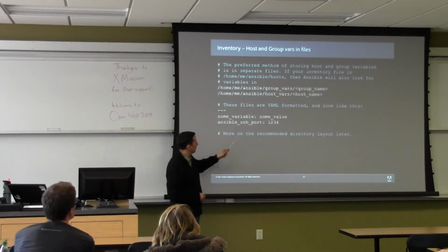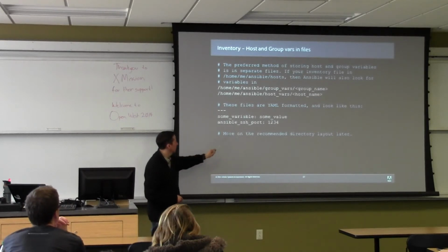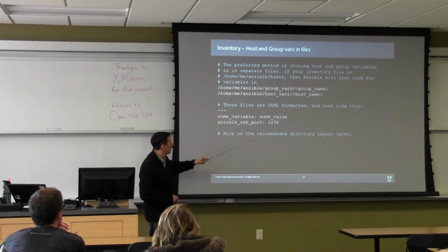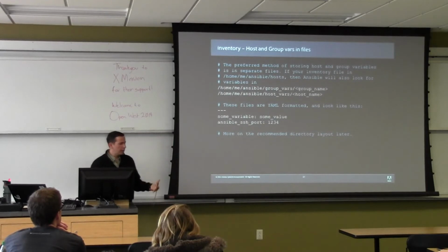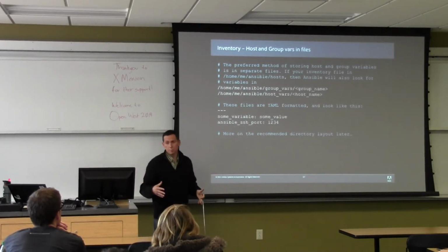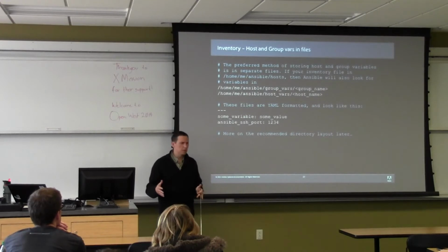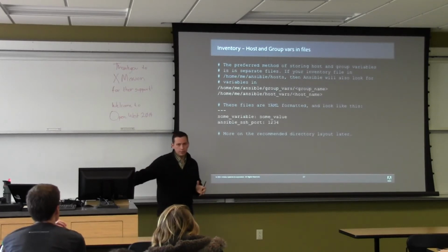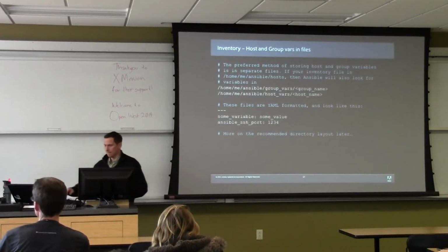And these files are just YAML formatted. They look like this. You've got some variable, some value. There's a whole directory layout once you start getting into configuration management and orchestration that Ansible recommends. Doesn't necessarily specify, and that's the nice part, is that it's really, really flexible. It can be as small and simple or as big and complicated as you want, and it can handle both the small and the large and complicated really quite well.